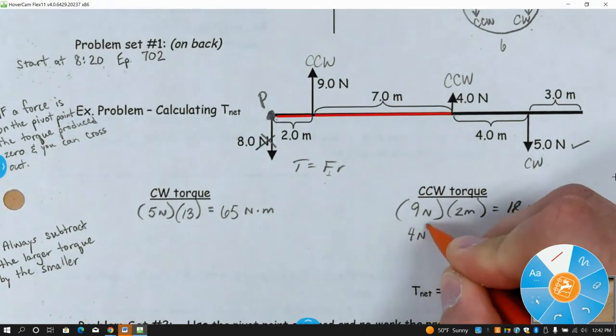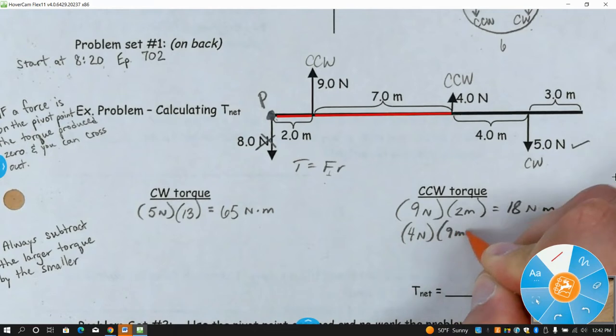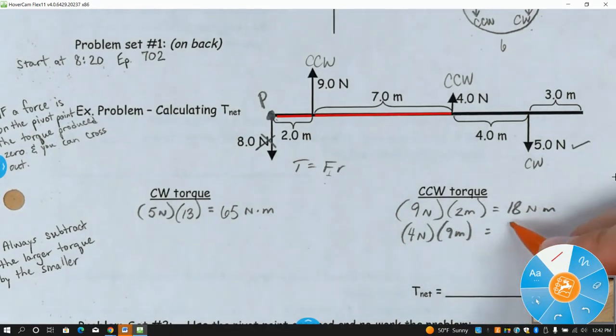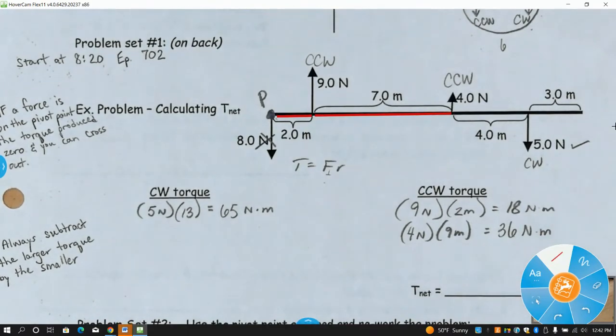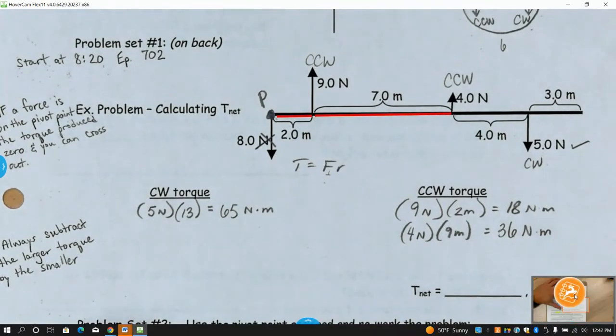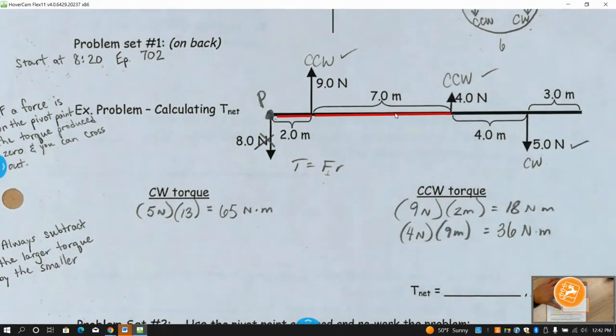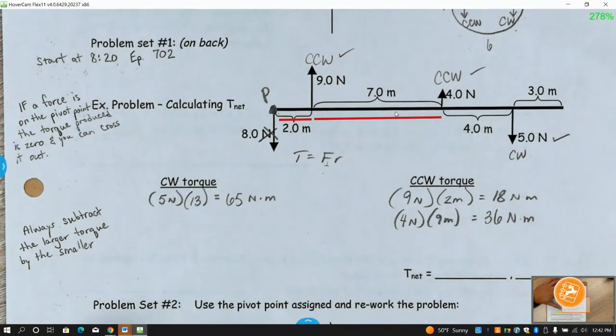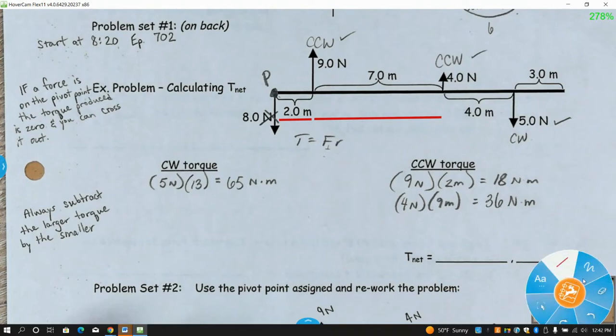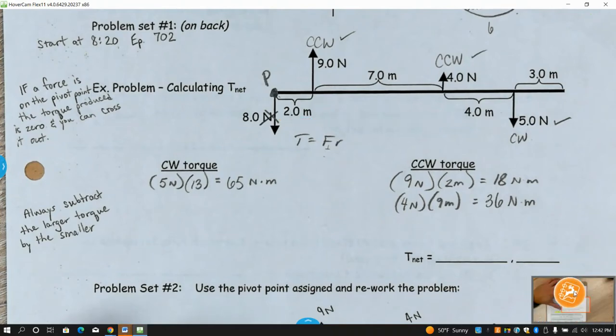So this 4 Newton force is 9 meters away, which gave us 36 Newton meters. We did this one and we've done that one. Are there any other forces involved here? No. So what do I do next?